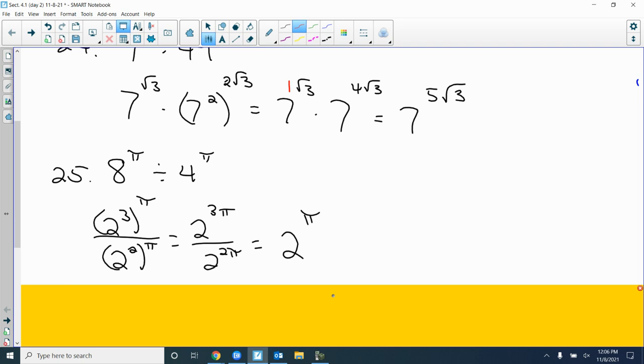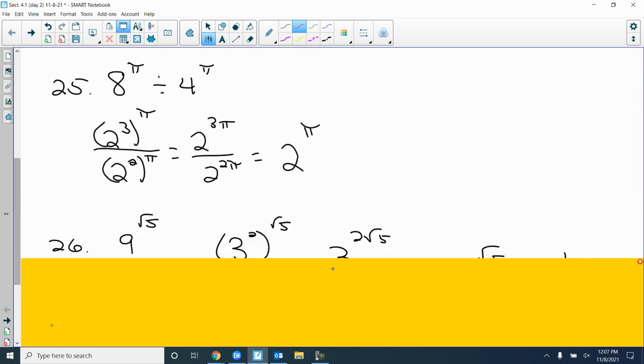You cannot do 8 divided by 4. We got to make 8 2 cubed. Then that's 3 pi. 4 is 2 squared. That's 2 pi. And then you subtract. 3 pi minus 2 pi will give you 1 pi. That's how we get 2 to the pi. Okay, there. You got to be careful. Like I said, it worked in this situation if you just said 8 divided by 4 is 2, but that won't work in all cases.